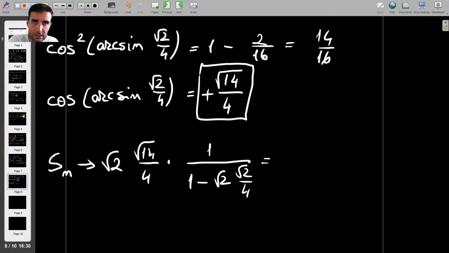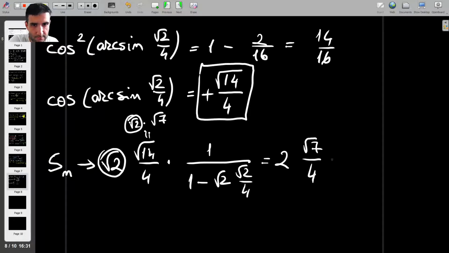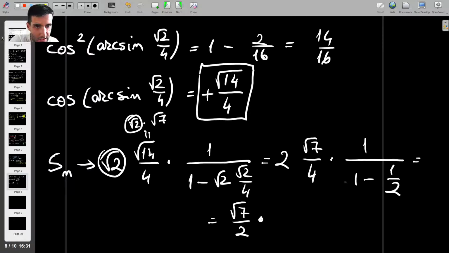So root 2 times root 14, you can actually take out a root 2 from here, because this is equal to root 2 times root 7. And if you multiply this by this, you just get 2. So this is going to be 2 root 7 over 4 multiplied by 1 over 1 minus, and this is 2 over 4, right, which is a half. So this will be root 7 over 2 times, and this is going to be 1 over 1 half, which is 2.